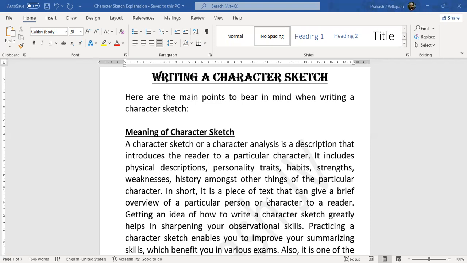It is basically a piece of text that gives a brief overview of a particular person or character to the reader.